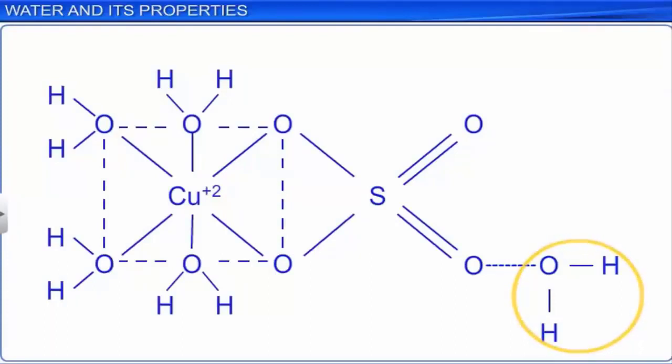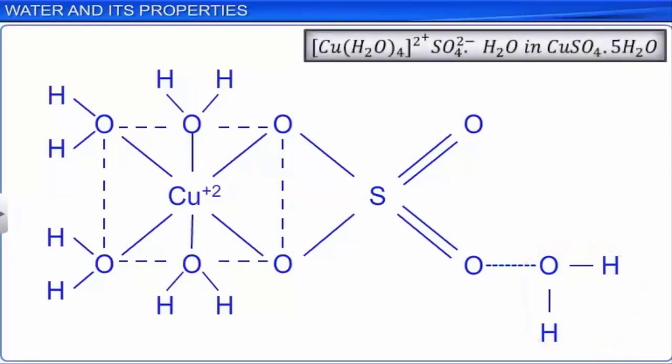For example, in CuSO4·5H2O, one water molecule is hydrogen bonded to sulfate ion, and the other four molecules are coordinated to give [Cu(H2O)4]2+ SO4 2-·H2O.